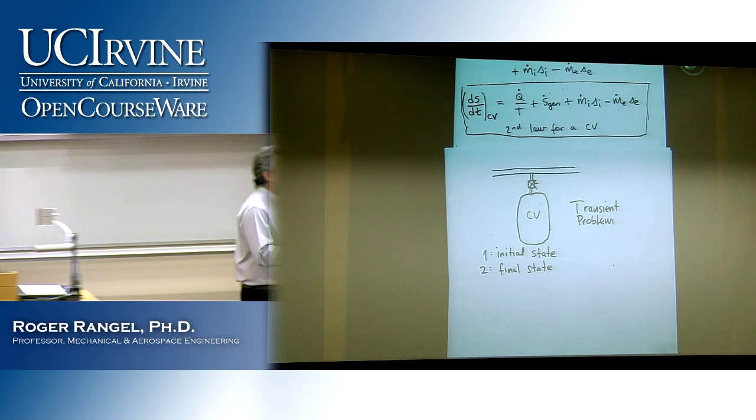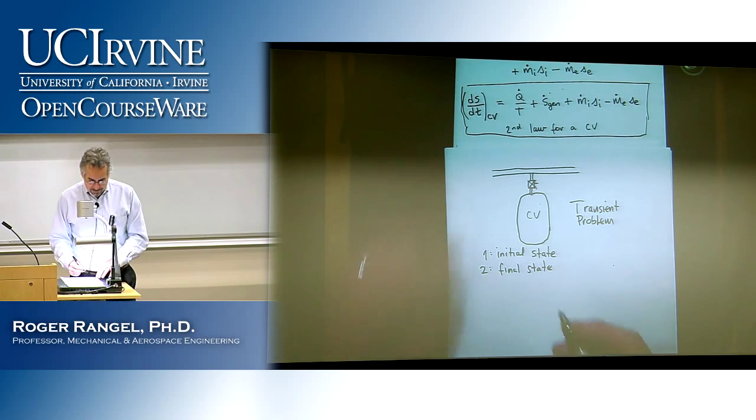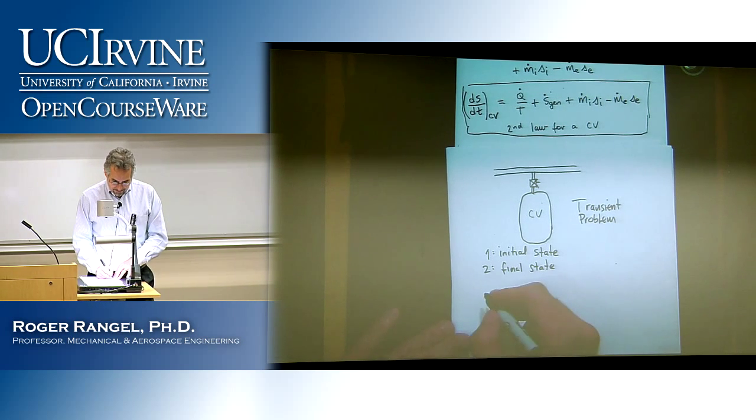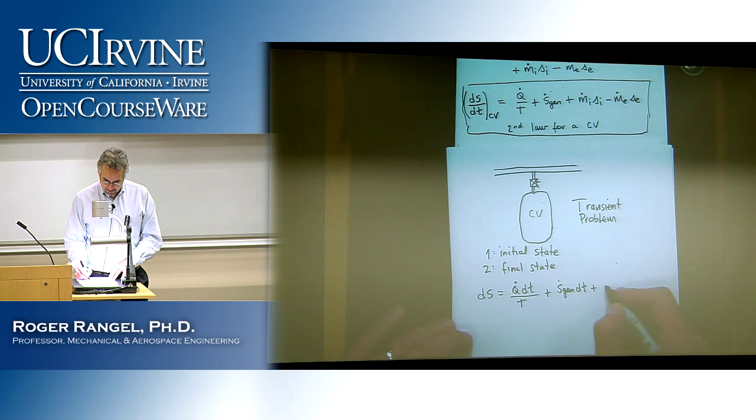Clearly, some of the terms are going to give me what I had at the beginning. But let's see what happens exactly. So if I take that equation and multiply times dt, I get ds equals q dot dt over T, s dot generation dt, m dot i s_i dt, minus, I'll write it underneath, m dot e s_e dt.